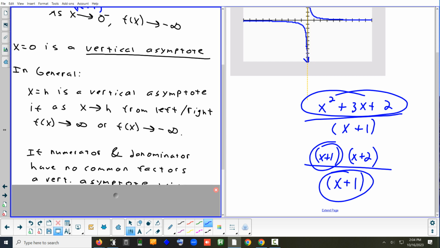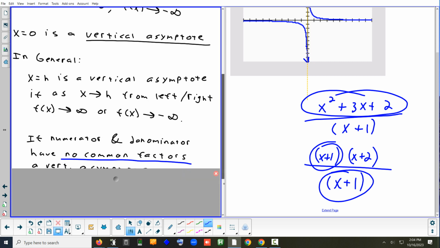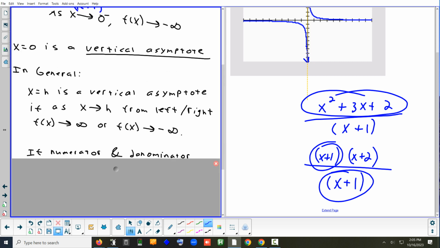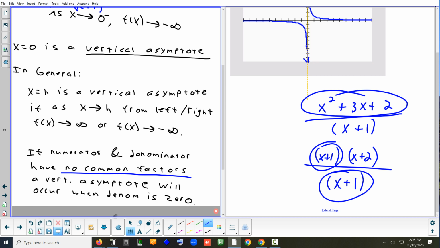So if the numerator and denominator do not have any common factors, then you will get vertical asymptotes when the denominator is 0. If the numerator and denominator do have a common factor, you will not get a vertical asymptote.